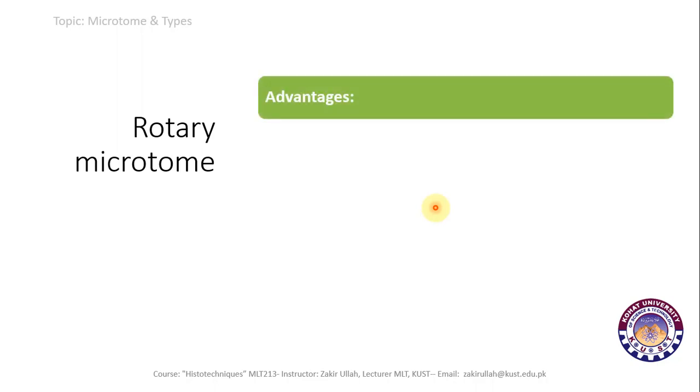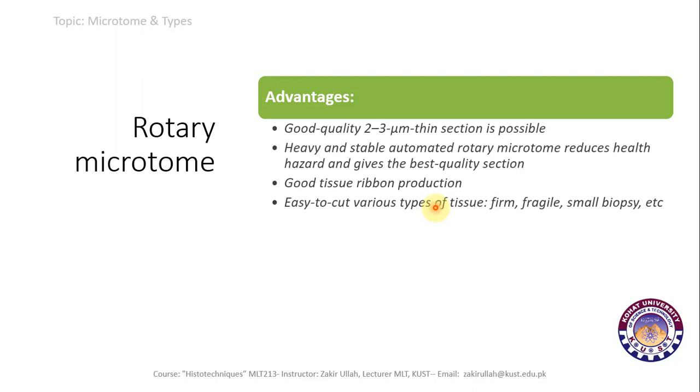The advantages of the rotary microtome: good quality 2 to 3 micrometer thin sections are possible with the help of this rotary microtome. A heavy and stable automated rotary microtome reduces health hazards and gives the best quality sections, and a rotary microtome is good for the production of tissue ribbon.